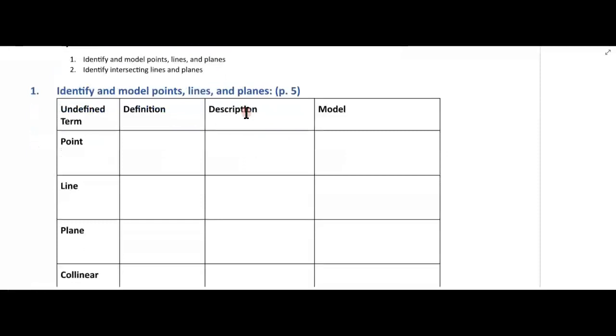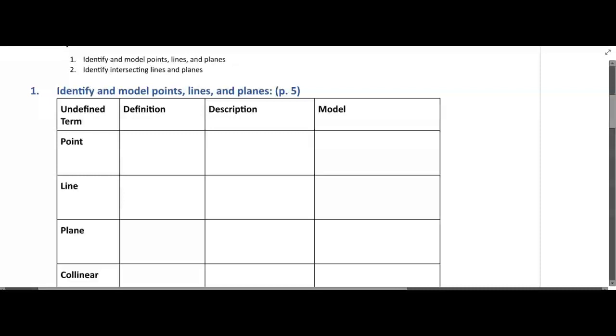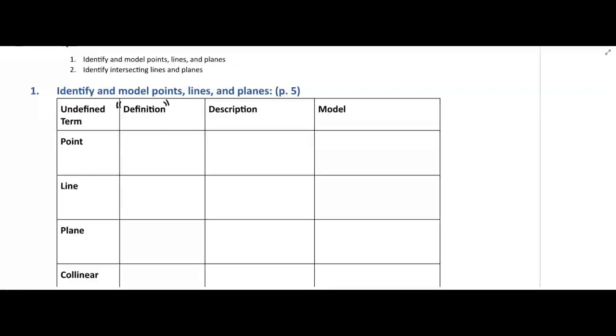A point, when we say a definition, these are undefined terms actually. We just kind of have a description or a short definition. But a point is like a location. In our description, we want the fact that it has 0 dimensions.